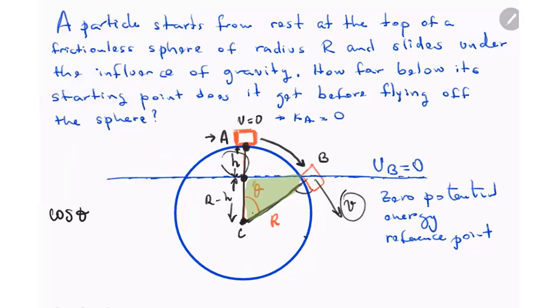This is the angle theta, okay? And the adjacent side is this, the orange one. And the hypotenuse is the red side.